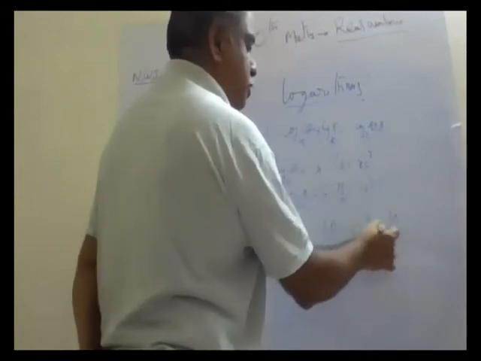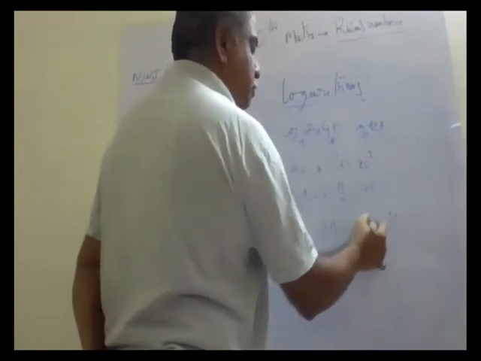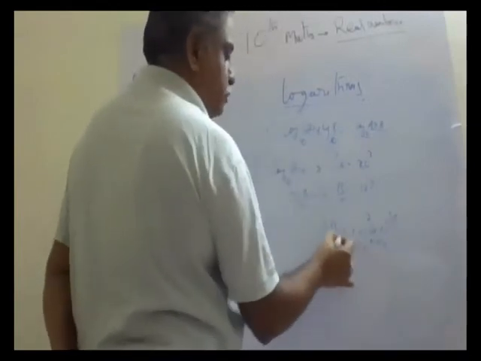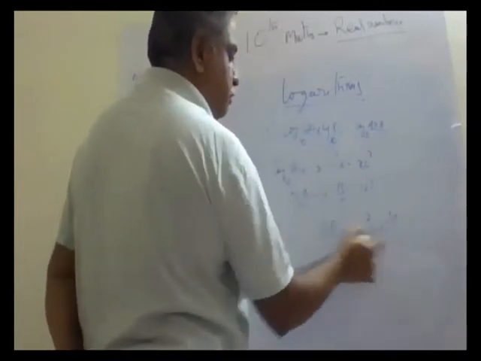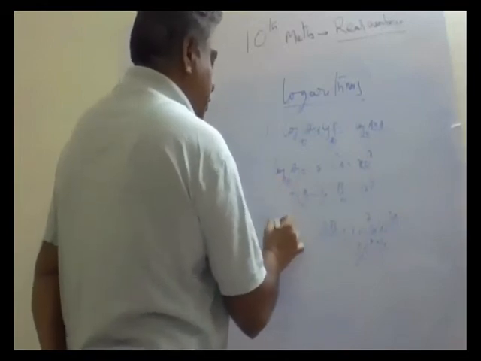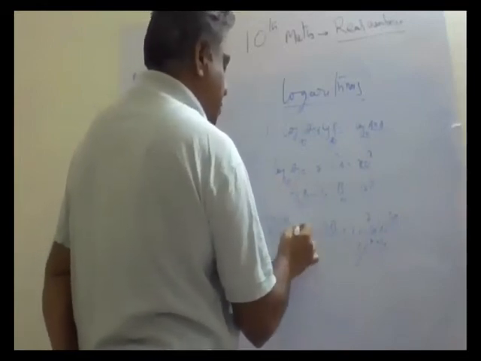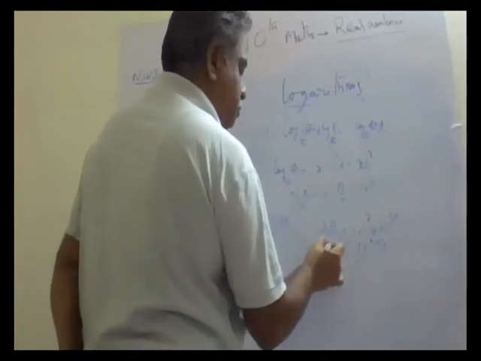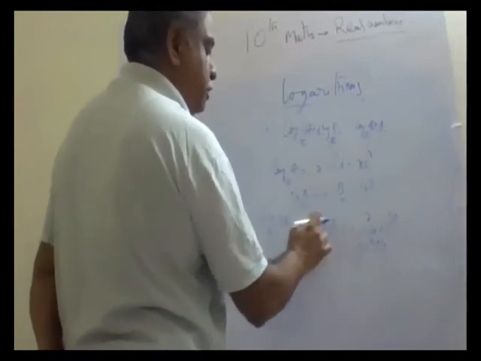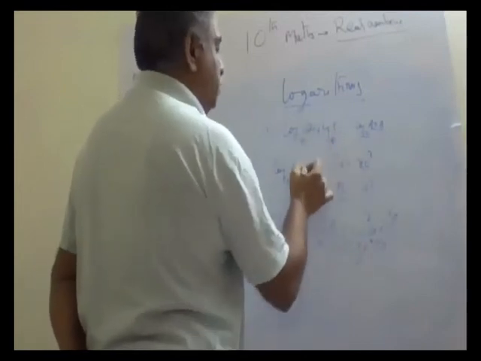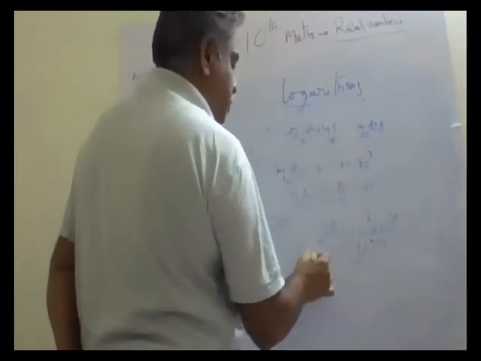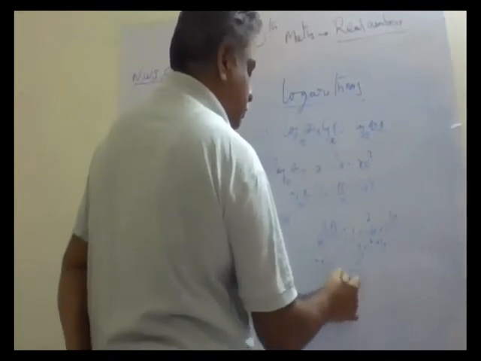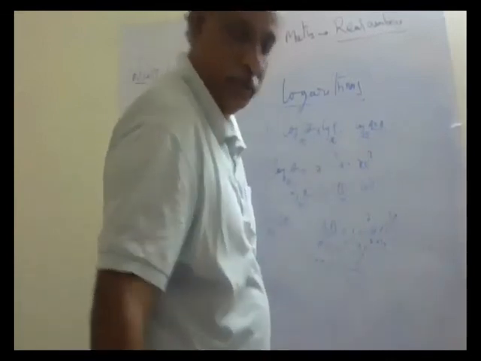Same base, so it will become 10 to the power of x plus y. When I convert it into logarithm, log of ab to base 10 is equal to x plus y. But x is log a and y is log b. So log a plus log b is the first formula.